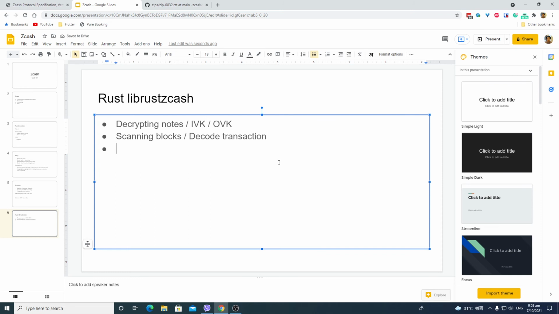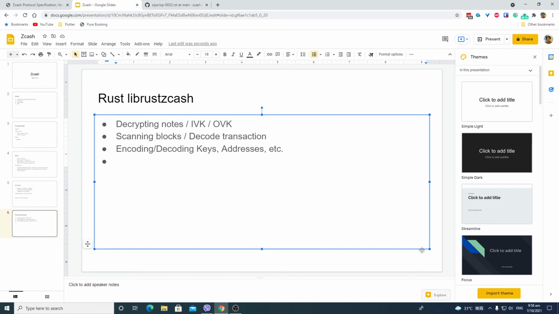What else do we have? We have the encoding and decoding of keys, addresses, etc. So this is a part where, if you have a key, which is always a binary number, and you want to have it as a string or QR code, the library helps you transform from one textual representation into something that is much more useful internally.